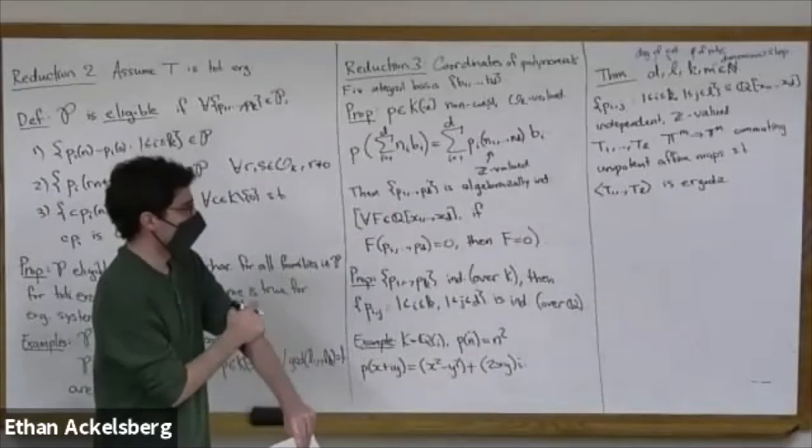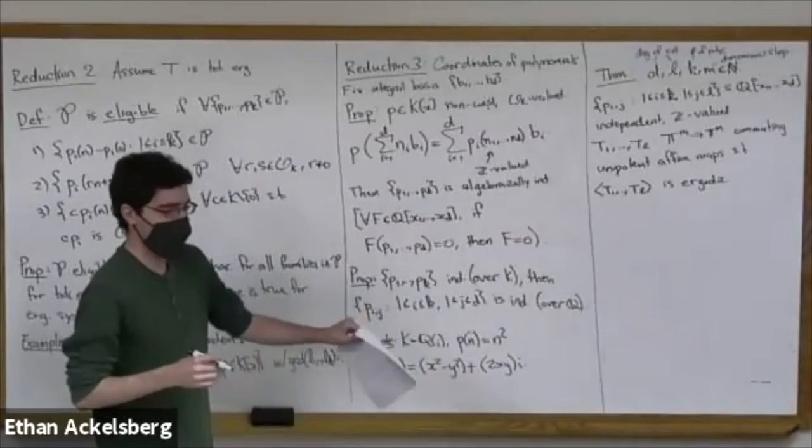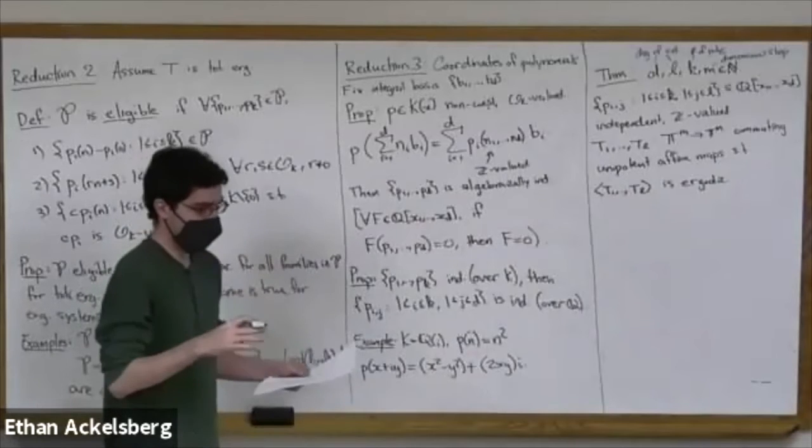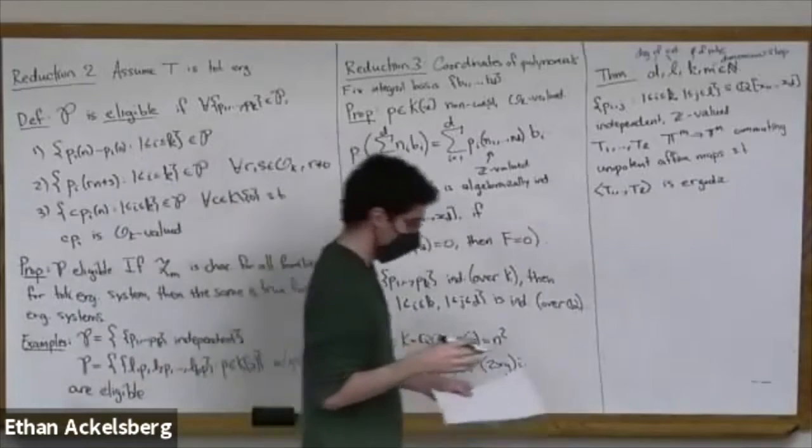And if you have unipotent affine maps on a torus, because the torus is connected, this action being ergodic actually means it's totally ergodic.